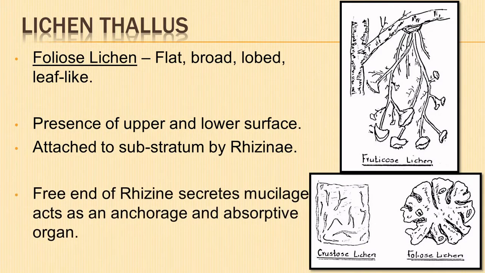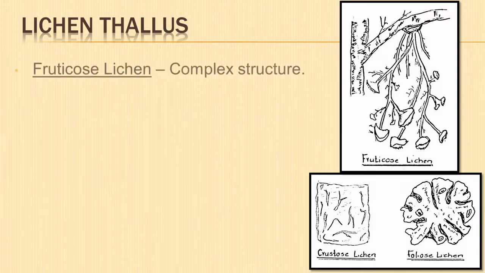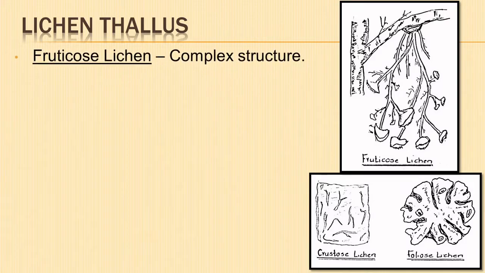The free end of the rhizine forms a disc which secretes mucilage and acts as an anchorage and absorptive organ. Example, Xanthoria.